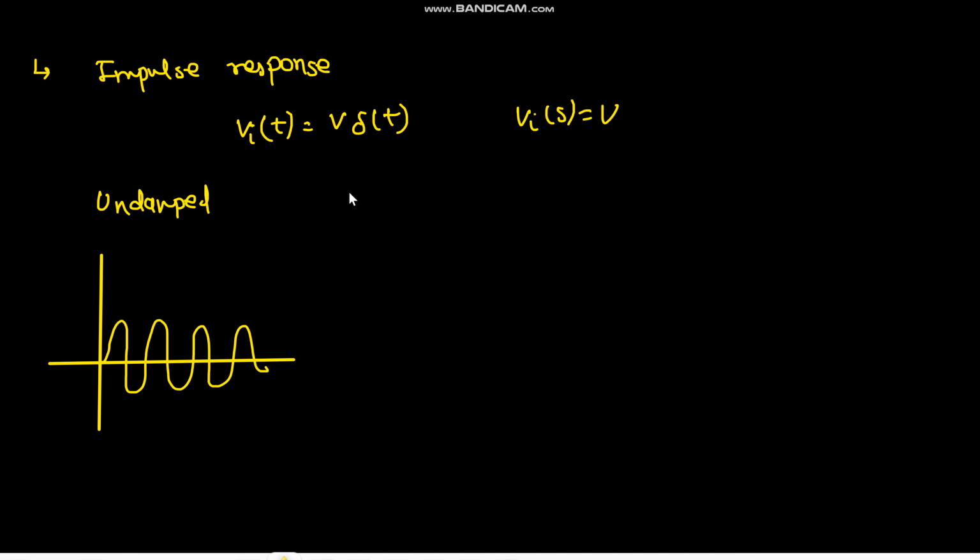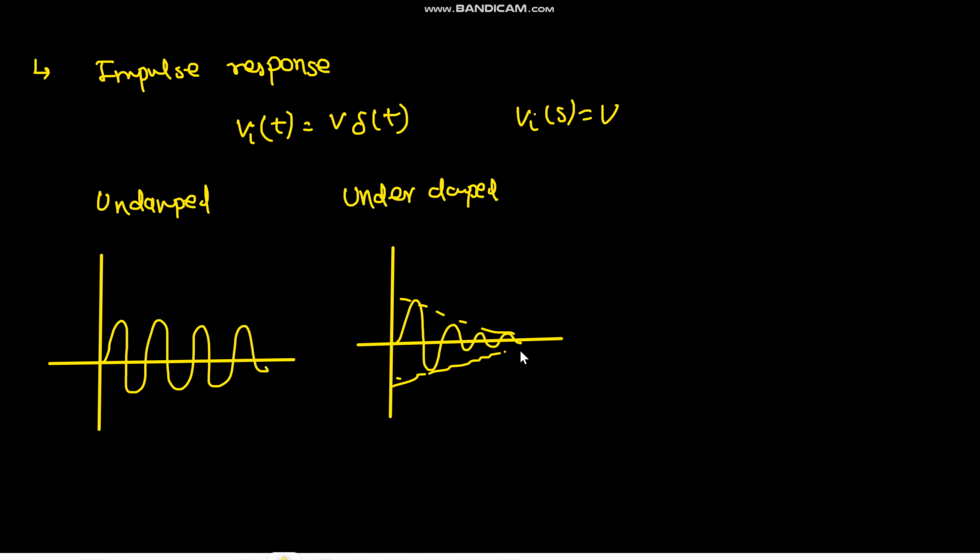For underdamped, zeta is lesser than 1, and you have two complex conjugate poles, and your response would look something like this. It's decreasing in this manner.